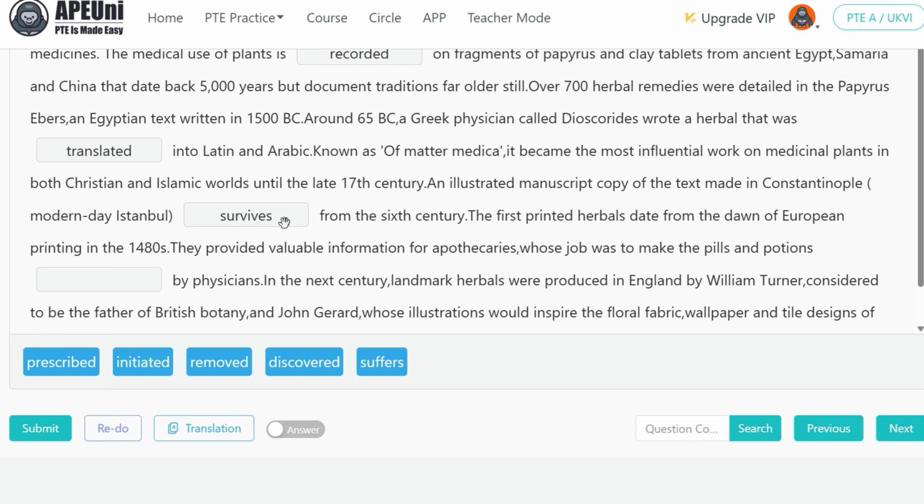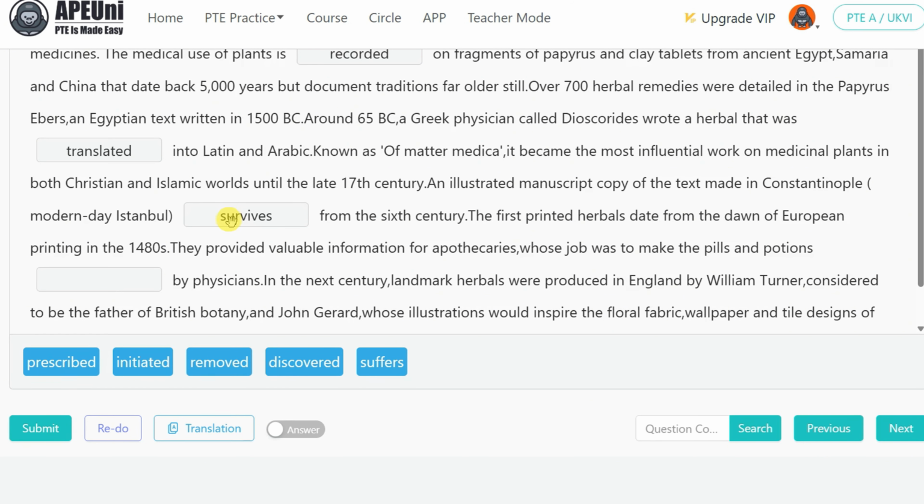Because it means the manuscript still exists today despite being old. If we understand the grammar rule, survives is present tense, indicating continued existence. Makes sense. For example, only a few ancient texts survive from that era. The castle survives despite centuries of conflict.